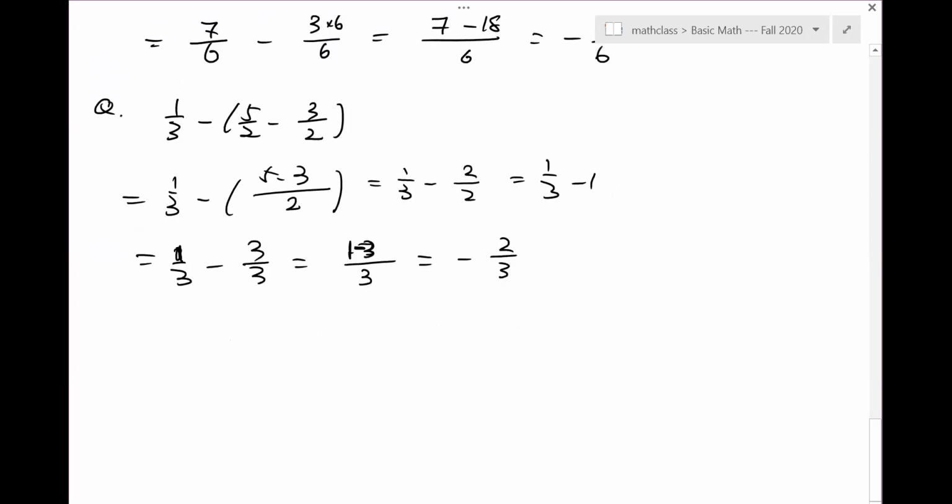Okay. However, if I change the problem a little bit, if I put the 5 over 2 here instead of 1/3 minus 3 over 2. In this case, it's better to remove the parentheses and do the computation between 5 over 2 plus 3 over 2.